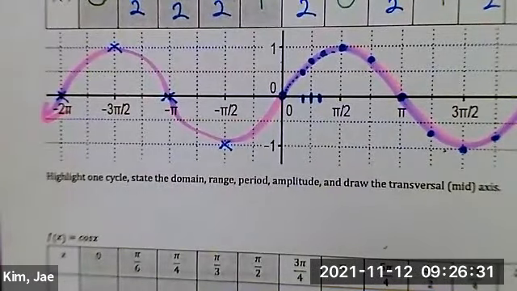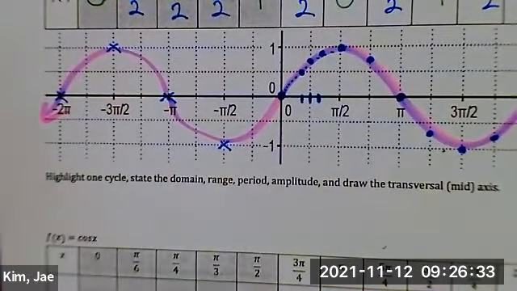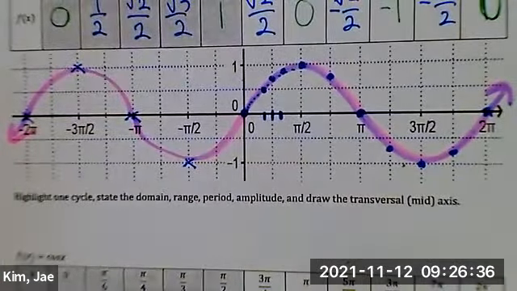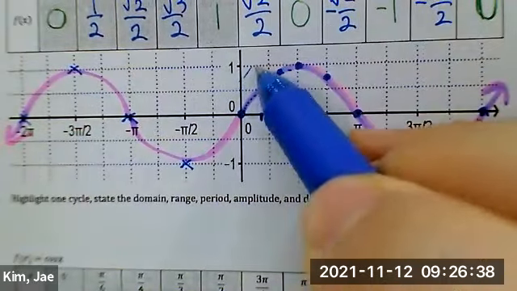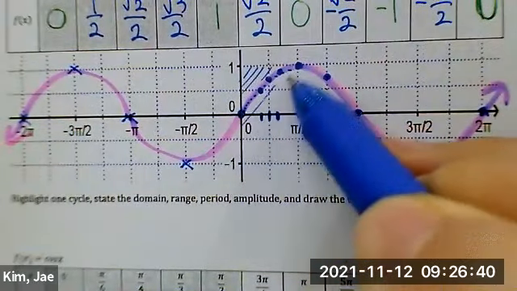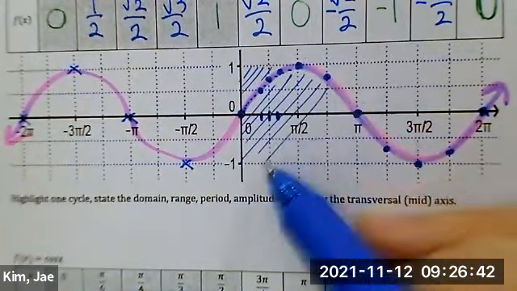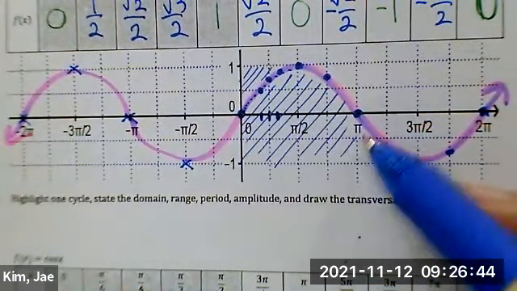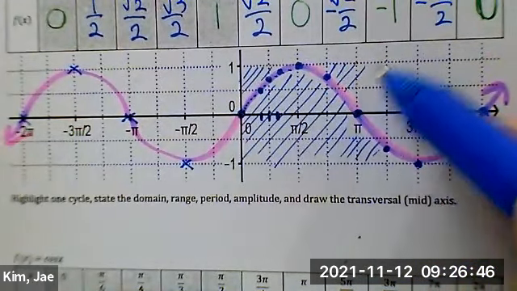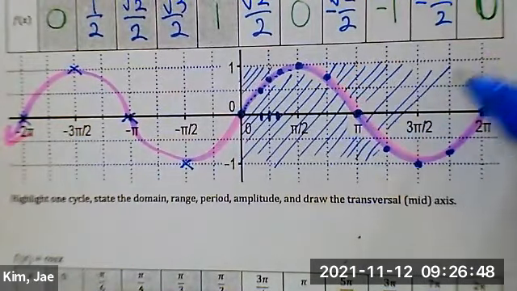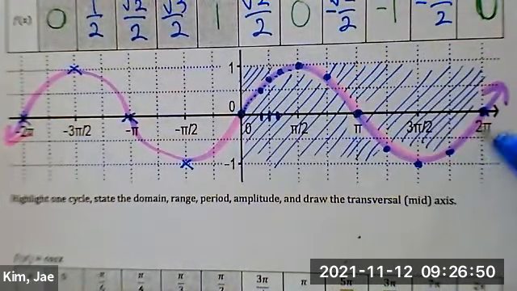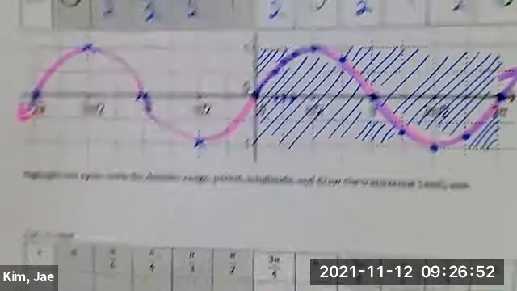Highlight one cycle, sure. You can use a pen for those of you who don't have an actual highlighter. You can do something like this. And notice how it doesn't go past 1 and -1. So you don't have to do anything more than that.